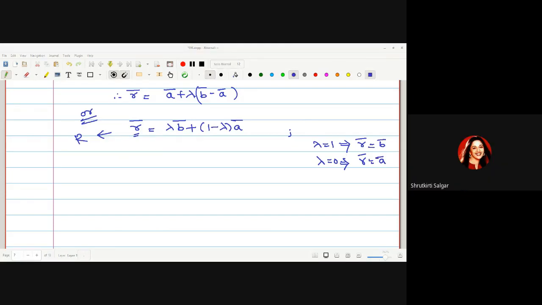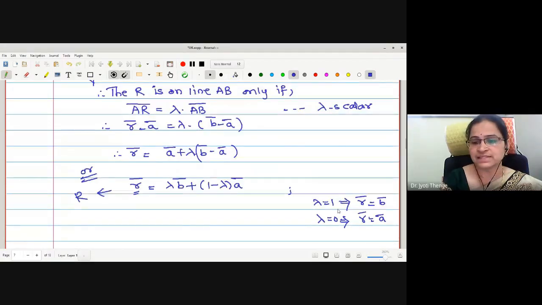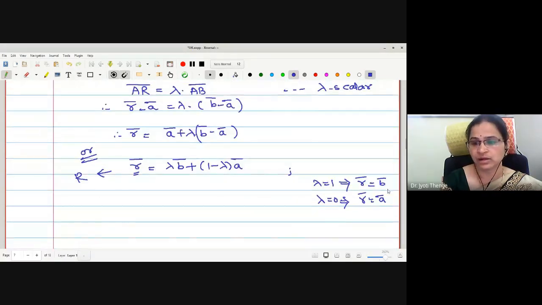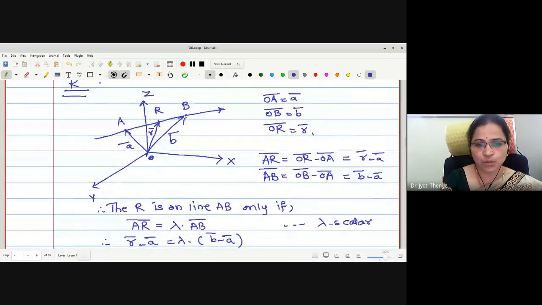Therefore, if lambda is 1, R bar is B bar, meaning this is one endpoint. If lambda is 0, then it is A bar, meaning this is the other endpoint. Therefore, if we restrict the value of lambda between 0 and 1, then it will give us the line segment. For lambda equal to 1 and 0 respectively, it gives us the endpoints of the given line segment.